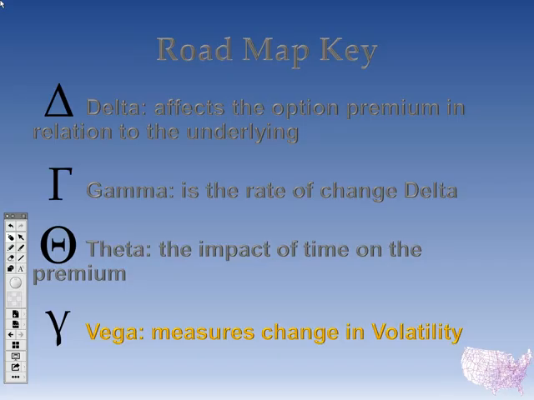And then we have the one and only dude that's not really a Greek, and that's Vega. I don't know why they picked Vega as this, other than the fact that it starts with a V and it's correlated to volatility. Yes, I do have a Greek letter over here. That's actually the lowercase gamma.